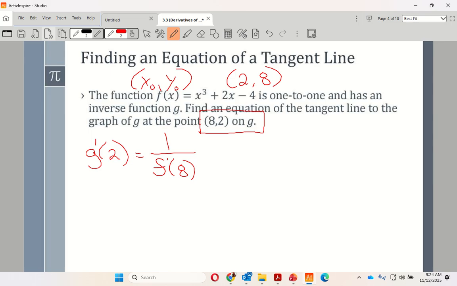Yes, this one right here says find the equation of the tangent line of the graph of g at the point, and this is on g. So that means that everything in g is flipped from what we originally had. So it's giving us the information of the flip, and we have to unflip it to find the original. Yes, and so I need to change these then.